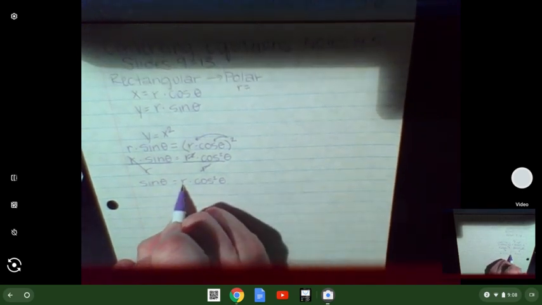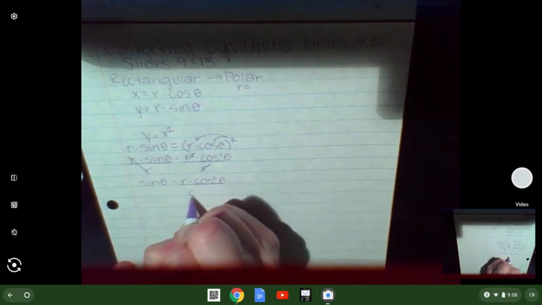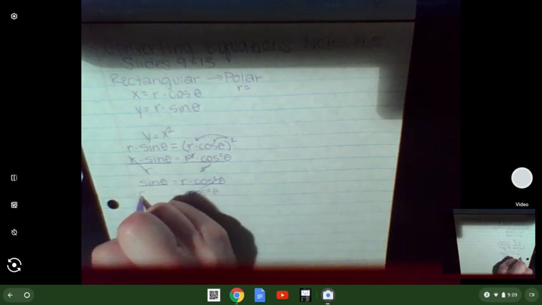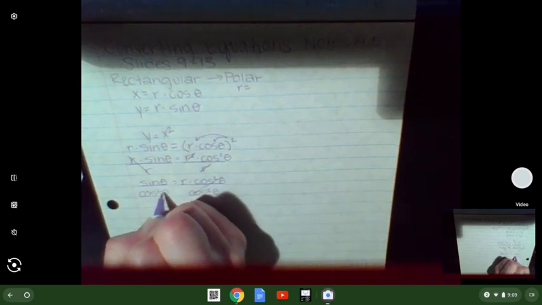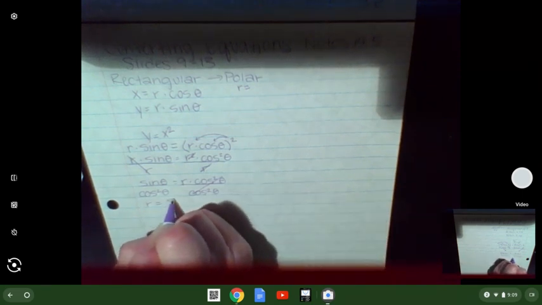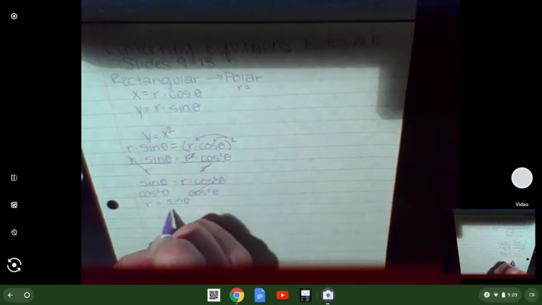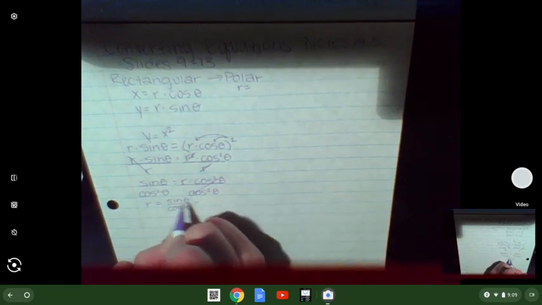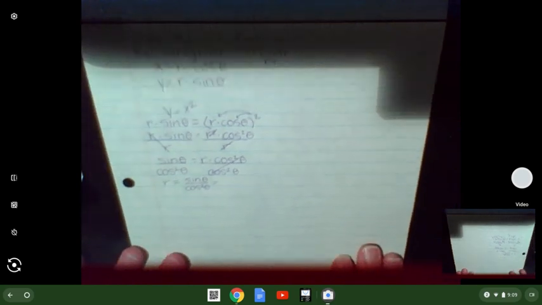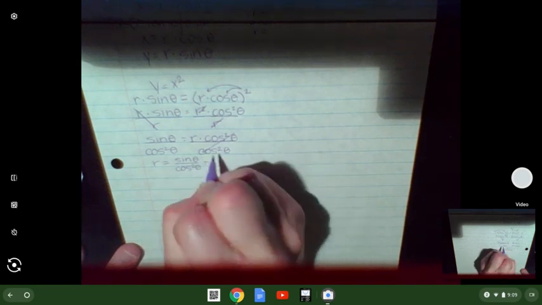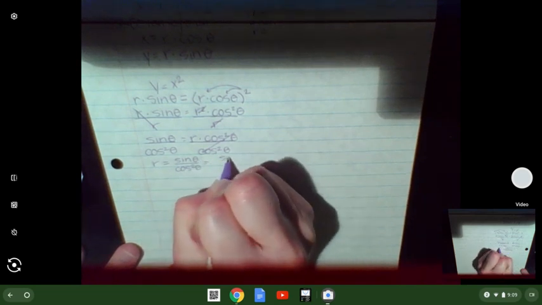So to get r by itself, I'm going to divide by cosine squared theta. And whatever I do to one side, I do to the other. I'm going to rearrange it so it says r equals. Technically, I could leave it as r equals sine theta over cosine squared theta, but this also makes me realize sine over cosine, that is tangent, thinking about our identities. So if I wanted to rewrite this in non-fractional form, I could, except I have a cosine squared in the bottom.